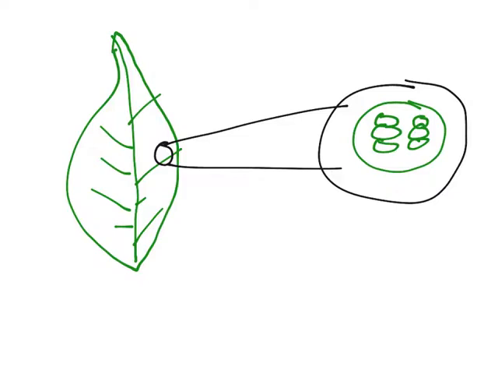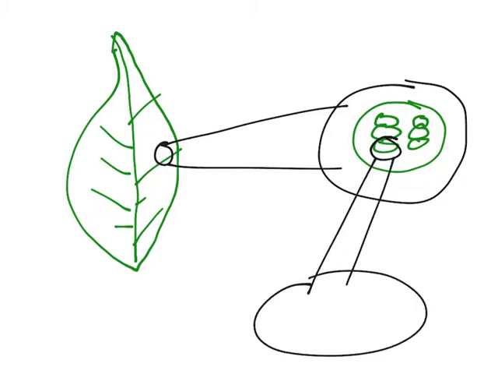Essentially, where photosynthesis occurs is in the chloroplasts. Chloroplasts are the photosynthetic organelles. But more specifically, we'll make another big cross section.